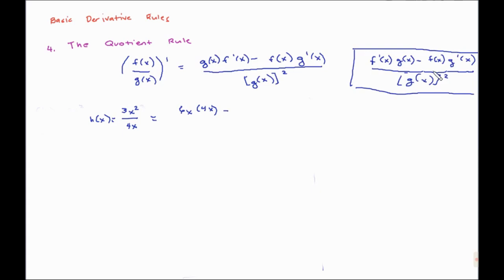Now, for the difference, we have the first function, 3x squared, times the derivative of the denominator or the second function, 4x. Of course, the denominator's first derivative will be 4. Now, let's get the square of our denominator. That is going to be the new denominator of your first derivative.